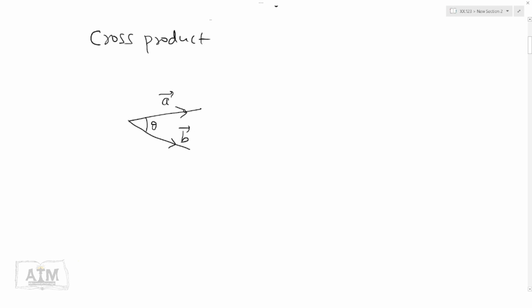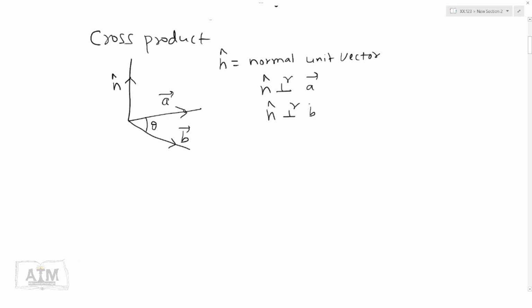We would like to find a vector which is perpendicular to both vector A as well as vector B. Let n cap be the normal unit vector, which is perpendicular to vector A and perpendicular to vector B. I would like to find A cross B. A cross B is given by the magnitude of vector A multiplied by the magnitude of vector B, sin theta, multiplied by n cap. This is the formula for A cross B.